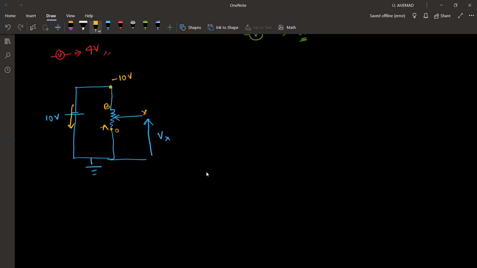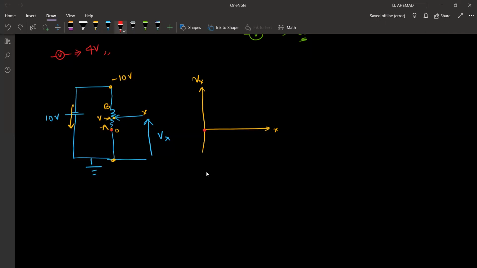Now look in which direction they have given Vx. The Vx arrow is pointing in the upward direction. Therefore, you have to get the difference between these 2 points. You have to deduct this voltage V from this. So V is always 0. So if we plot the graph for Vx versus x, initially, where is it starting from? At A, it is 0.